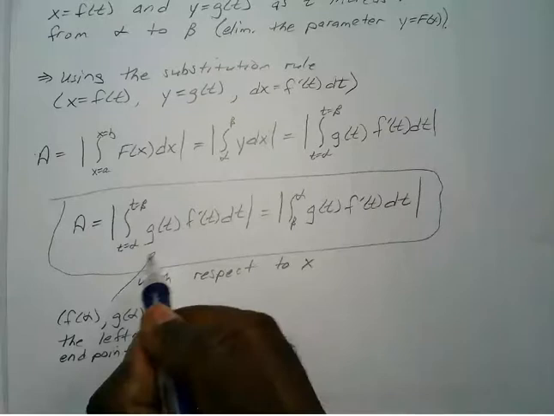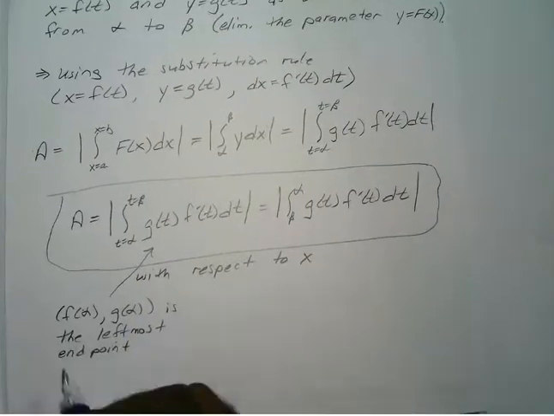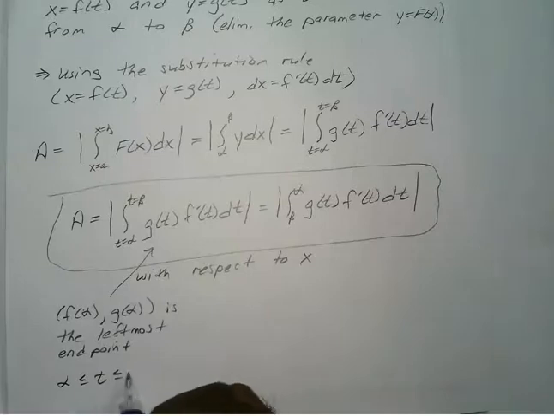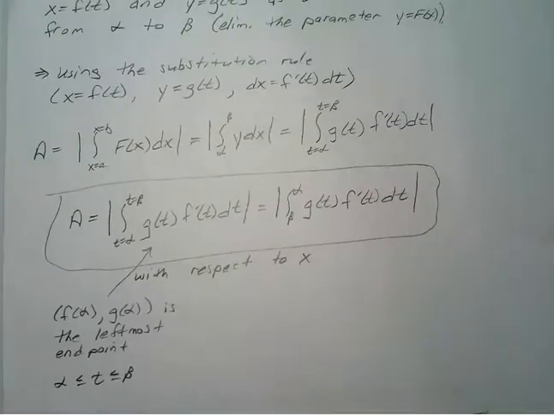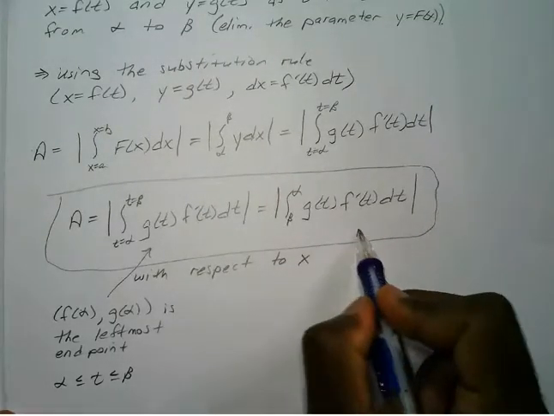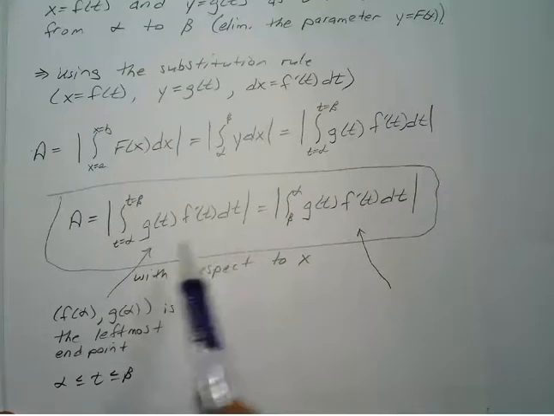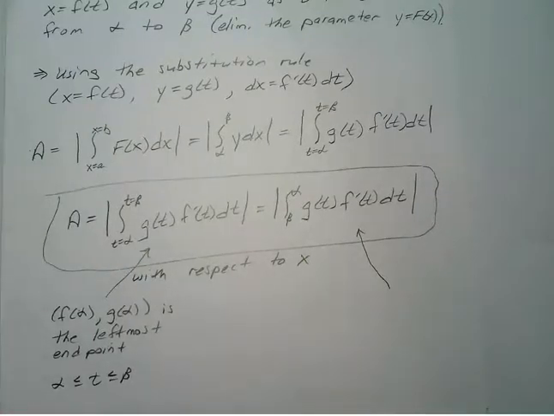That's if you're using this one here. In other words, alpha is less than t, and that's less than whatever value beta. But if you decide to use this one, which really doesn't matter, it all depends on which value you decide to make alpha or beta.